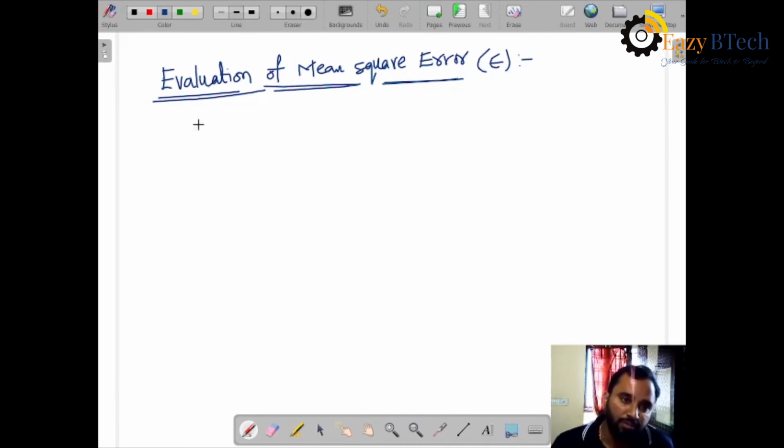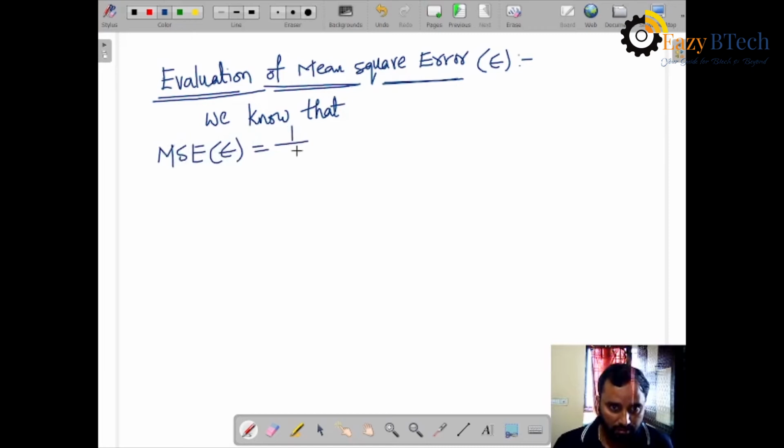So already we know the mean square error definition. MSE, mean square error, epsilon is equal to 1 by T2 minus T1, integral T1 to T2 of error square, that is xe square dt.